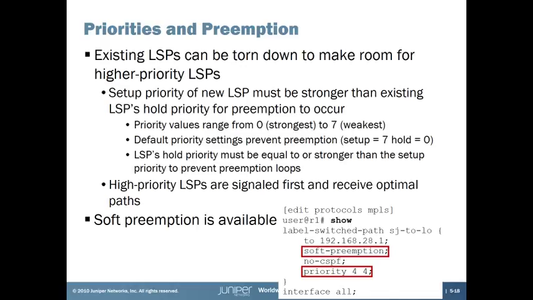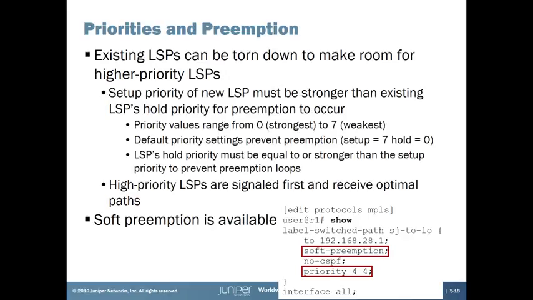So not waiting for a failure, then say, oh, we've lost our primary path, better signal up the secondary path. So we can create a secondary path, we can specify that it will be in standby mode, and we can have that path signaled up ready to go in the event of a failure.